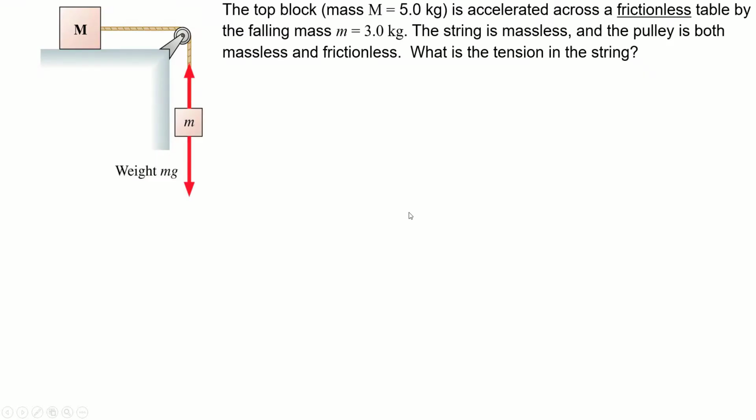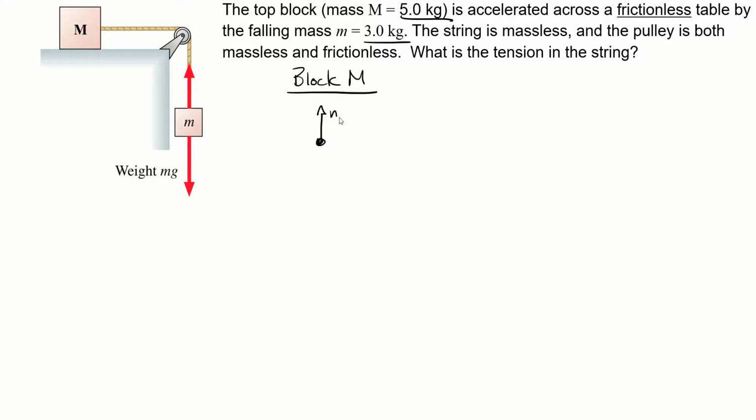So let's continue on with this. Let's add some numbers and we'll call it a day. To redraw this, we already have our free body diagram. I'm going to label them by their masses now. Same situation, but let's give it a capital M and a little m of 5 kilograms and 3 kilograms. Our free body diagrams, we just went through this.